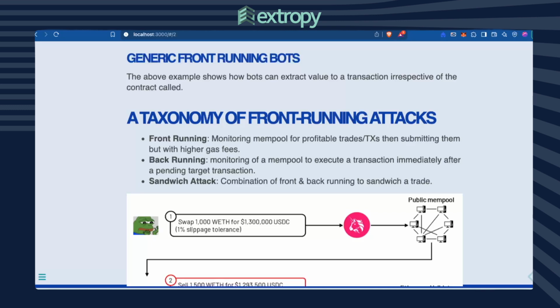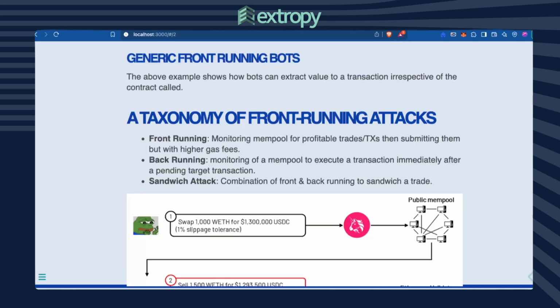But if they see when they're simulating it that they make a profit, then they will go ahead, take that modified transaction, submit it to the network, but put in a higher transaction fee so it gets ahead of your transaction, and therefore they steal the opportunity that you spotted.